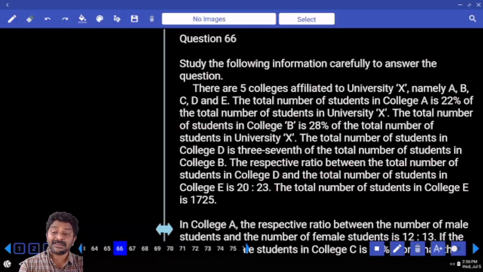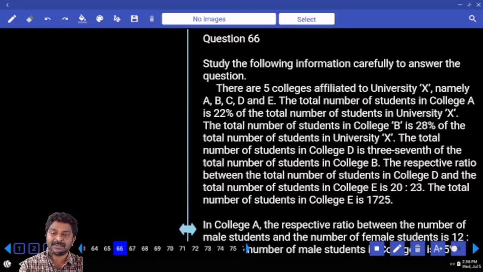There are 5 colleges affiliated to University X, namely A, B, C, D, E. The total number of students in college A is 22% of total number of students in University X. In college B, 28%. See, when you read this type of data, your eyes should look for not a percentage, not a fraction, not a ratio, but a number.